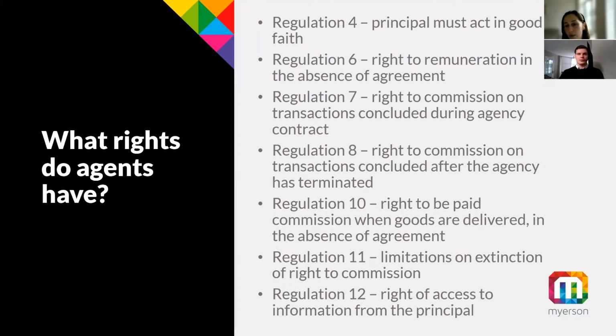As I say, we are proposing to do a further webinar which will focus on the sort of conduct which might give rise to the right of an agent to terminate on the grounds of such fundamental breach. It's a topic which we could spend a whole webinar on, and so we will look at that at a future date.